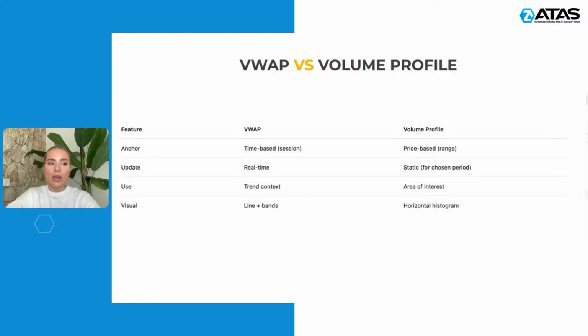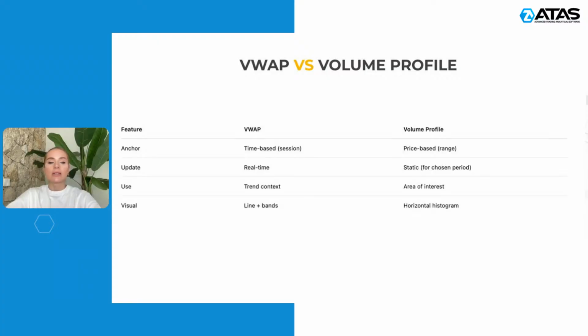So VWAP gives you a continuous average price over time, and volume profile gives you the breakdown by price. They're related in that they both revolve around volume, but they offer different perspectives on the same information.